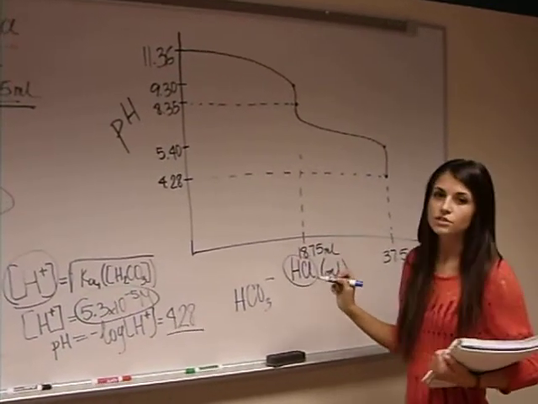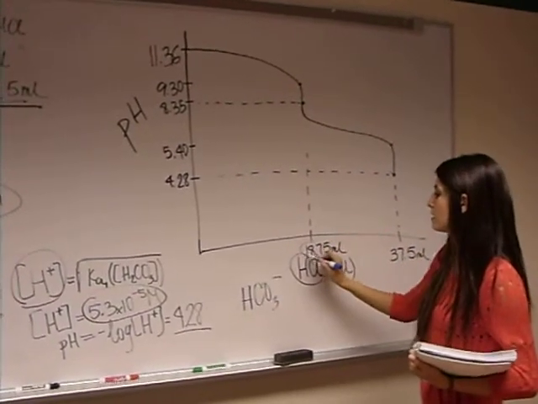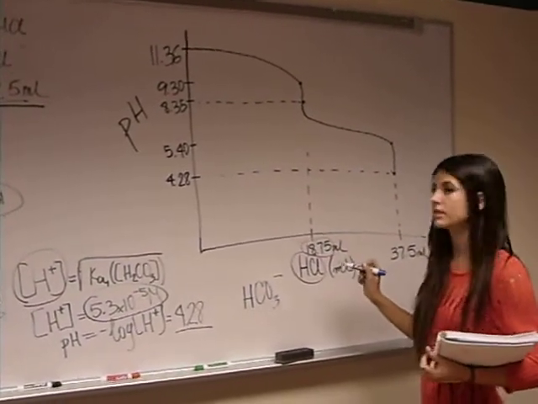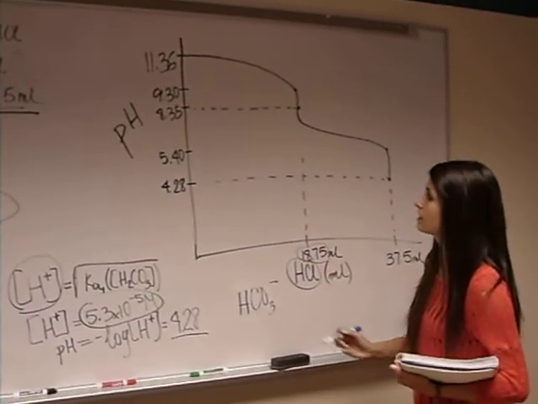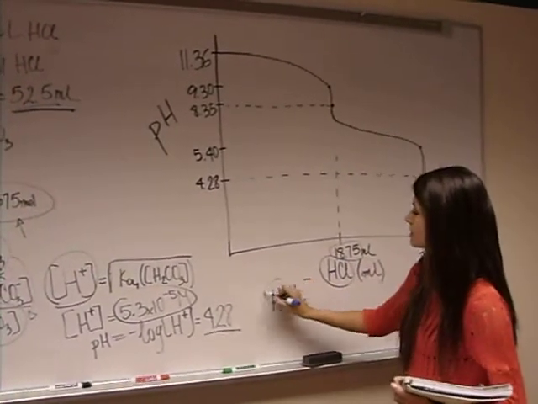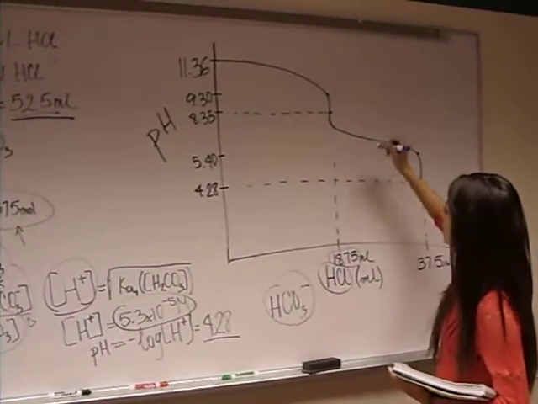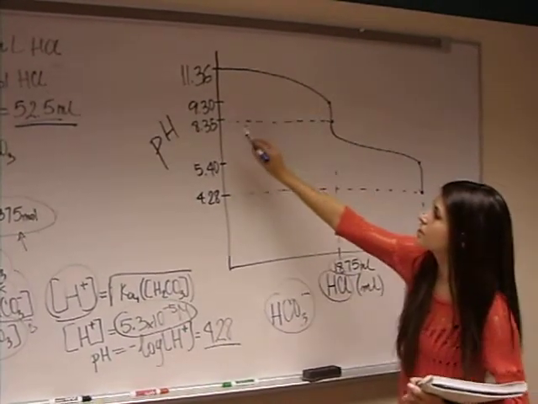And by using a stoichiometric calculation, I found that 18.75 milliliters of hydrogen chloride were needed to titrate the sodium carbonate to create this ion. And this is where our first equivalence point sits, at this pH.